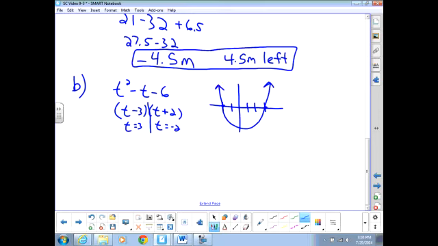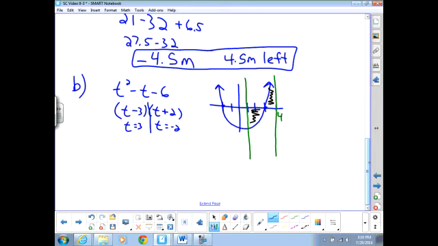Well, our interval is only from 1 to 4. So let's toss 4 on here. So we want to look just from here to here. In that interval, we have a section that is below the x-axis and a section that is above the x-axis. What we need to do is calculate those areas separately, and the area that's negative, we'll have to take the absolute value of it.